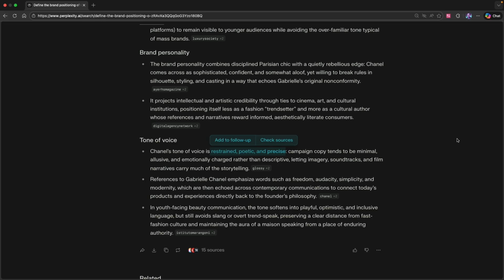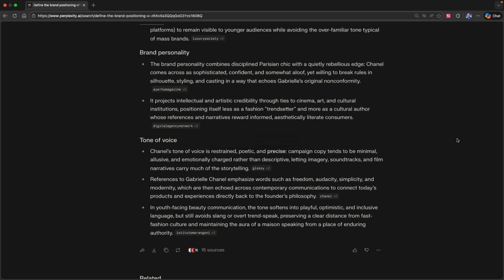Unlike other brands, they don't use emojis, reply to every comment, or jump on every meme trend. Chanel maintains an aloof authority. They don't chat. They declare. They don't use slang.